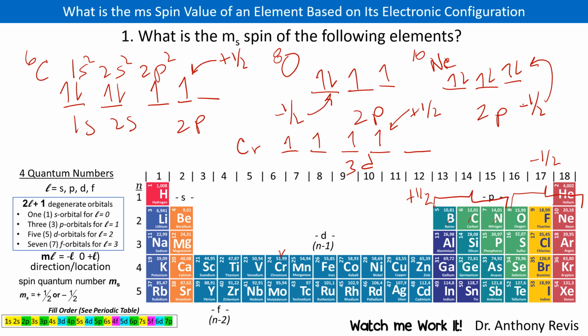We can also observe that if you count over the first 5, 1, 2, 3, 4, 5, the first 5 are going to be plus 1/2 spin, and the next ones are going to be minus 1/2 spin. By the way, if you did the s orbital, it gets really crisp and clear. This is going to be a plus 1/2, and this is going to be a minus 1/2 spin.